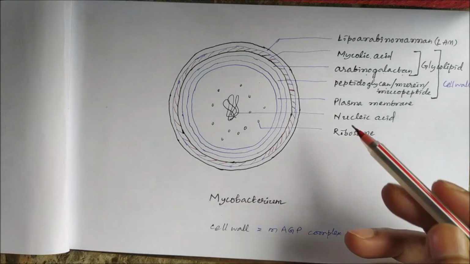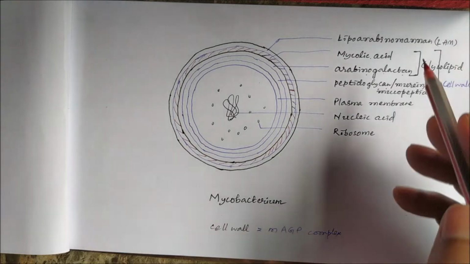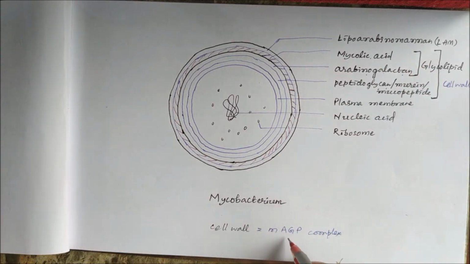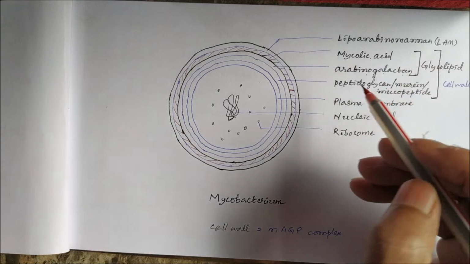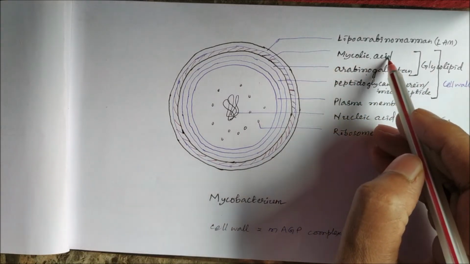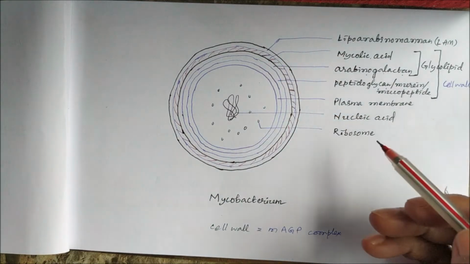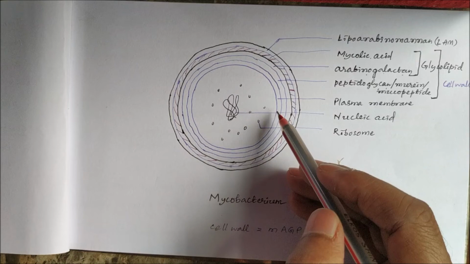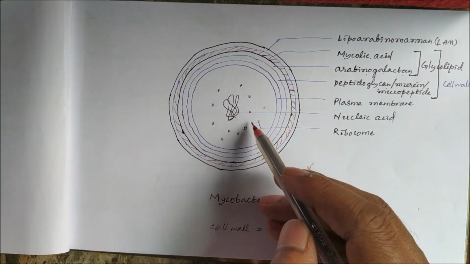The mycobacterial cell wall is the MAGP complex, where M stands for mycolic acid, AG stands for arabinogalactan and P stands for peptidoglycan. Isoniazid inhibits mycolic acid synthesis so that the cell wall synthesis is inhibited. Inside the cell wall there is the plasma membrane, and in the cytoplasm there are ribosomes and nucleic acid.